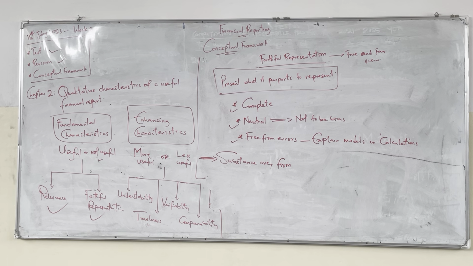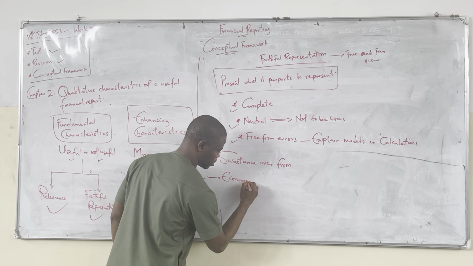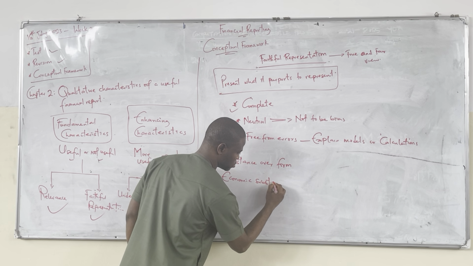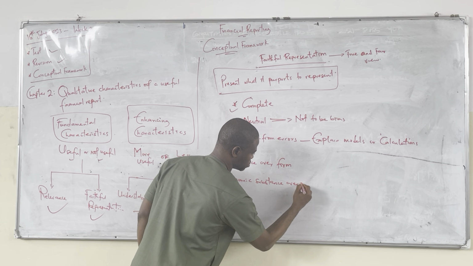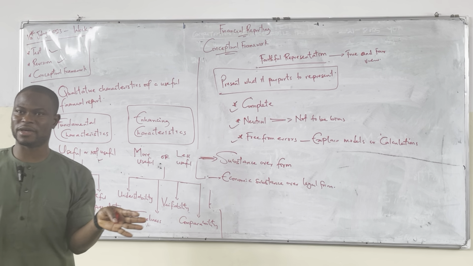Most importantly, some of you mentioned the financial and economic reality of a transaction over legal form. But in order to break it down further for you, the first thing is this. For substance over form, the full name is actually economic substance over legal form. That's the full name, really.